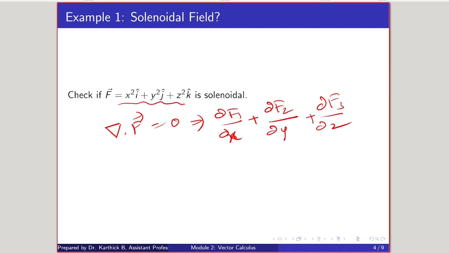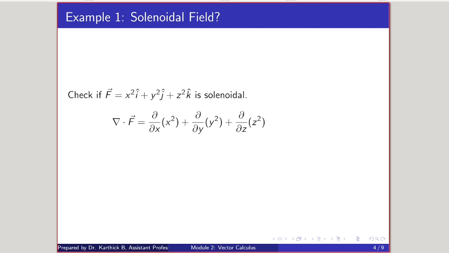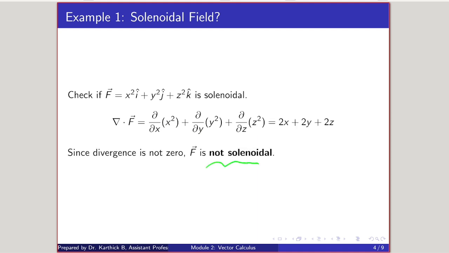If I differentiate this function with respect to x, we get 2x. With respect to y, it will be 2y. With respect to z, it will be 2z. So, it is not possible to get 0. It will be 2(x plus y plus z). Therefore, it is not solenoidal.